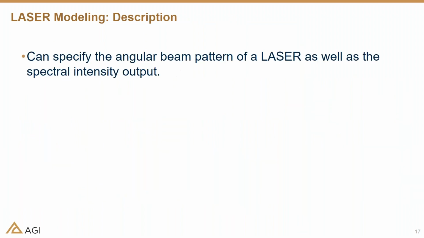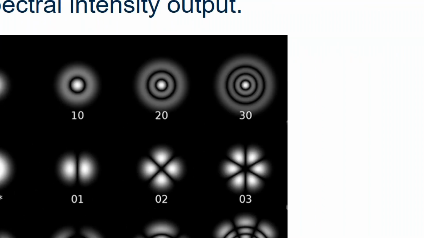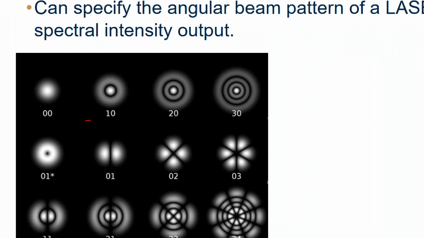And the great thing is, the two inputs that you need are what the beam pattern is, that's spatially, how is this beam shining, and also what does its spectra look like. And with these target signatures, maybe you have a radially symmetric beam pattern like these, and you can say, yep, these are good enough. Or you can say, I actually have an asymmetric beam pattern like this, and whatever optics you're using to focus that laser are going to give it some pattern.